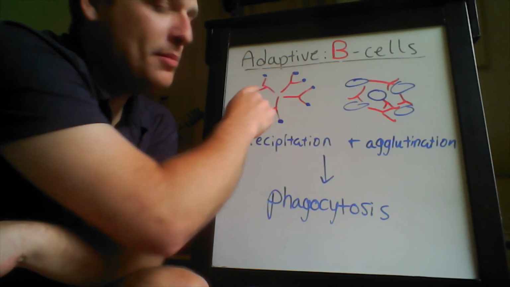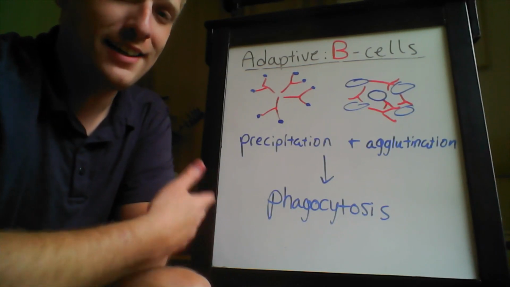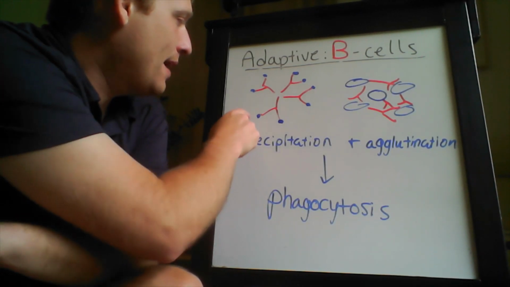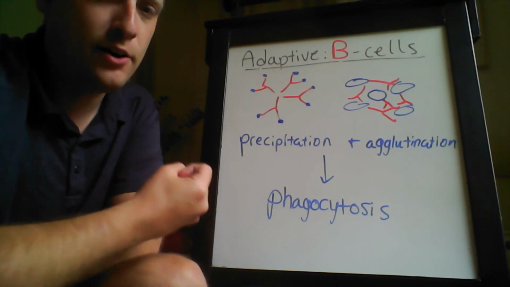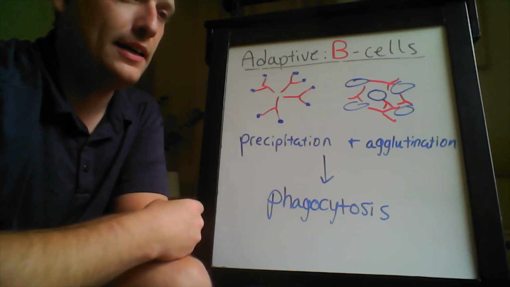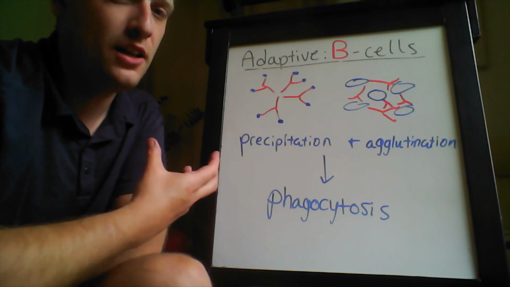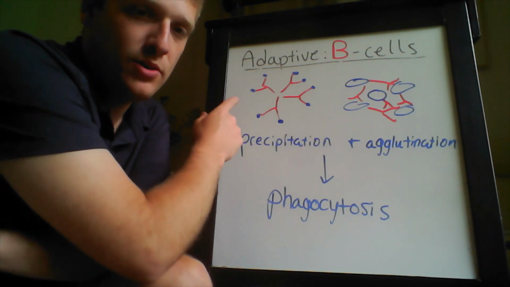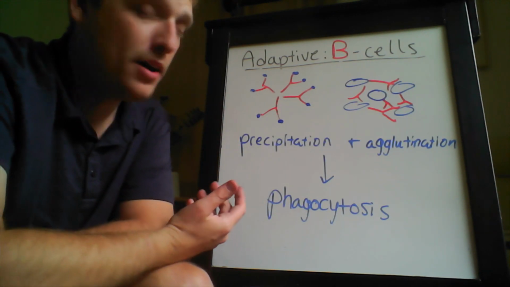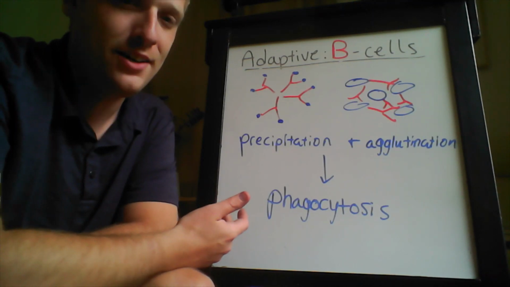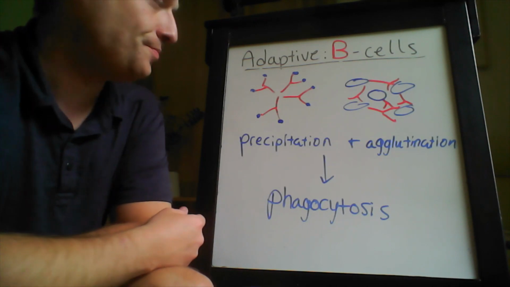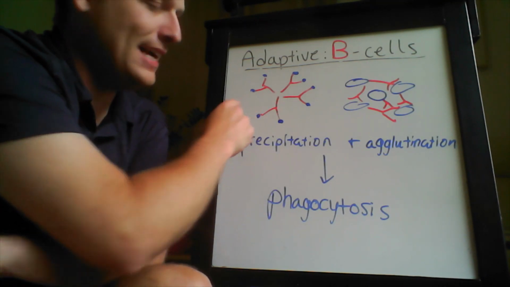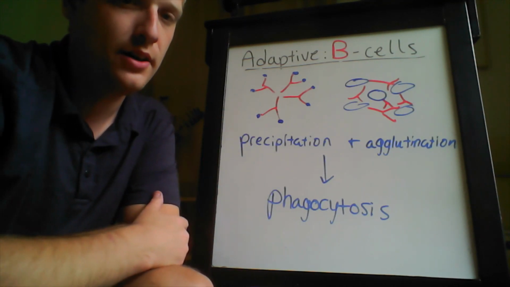So if antibodies, which tend to clump together, are bound to their antigen, they are going to pull those out of solution, meaning they're going to cause everything to clump up and form an immune complex. And these immune complexes are much easier to clear via phagocytosis than if these antigens were just floating around on their own.